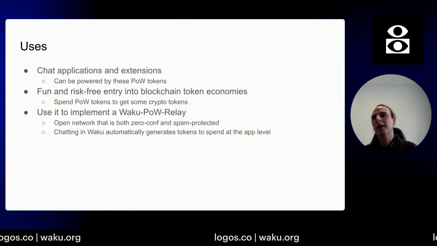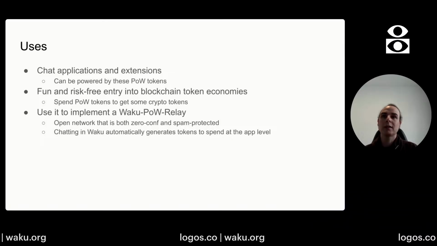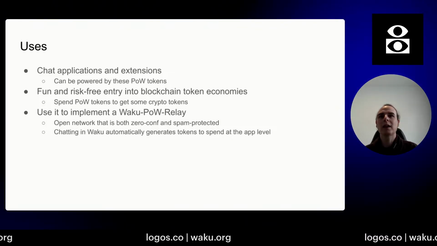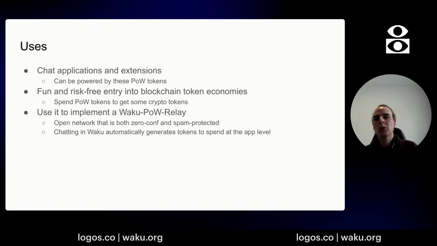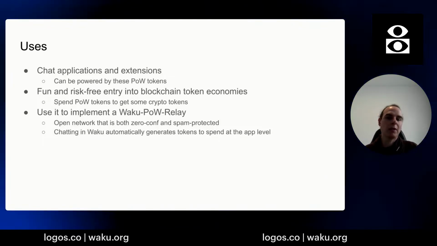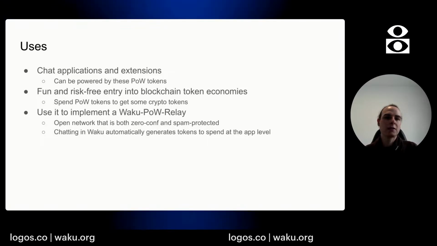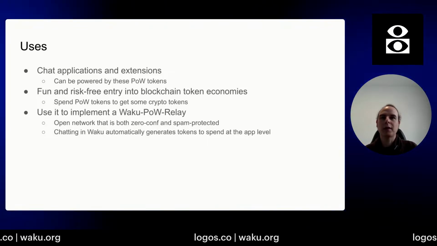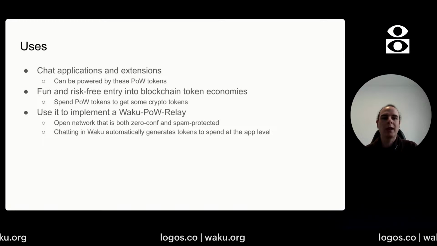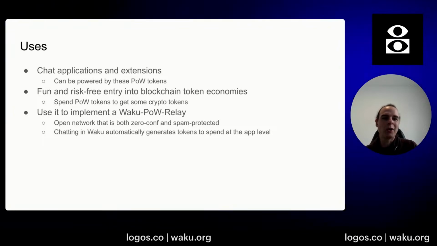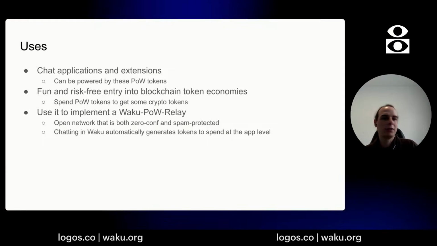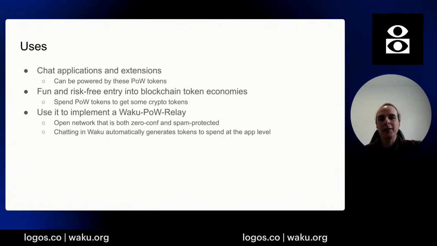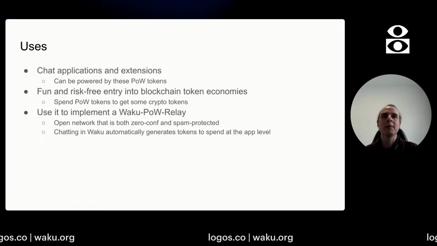And the more interesting and more intense implementation of the system would be as a full-blown Waku POW relay component, where you could have an open network that's protected by this. And it's spam protected in a completely zero conf way. So it's ideal for writing tutorials that explain, oh, you can use this open network to connect your tutorial to, and it just works because you can leave it in the open because it's spam protected.